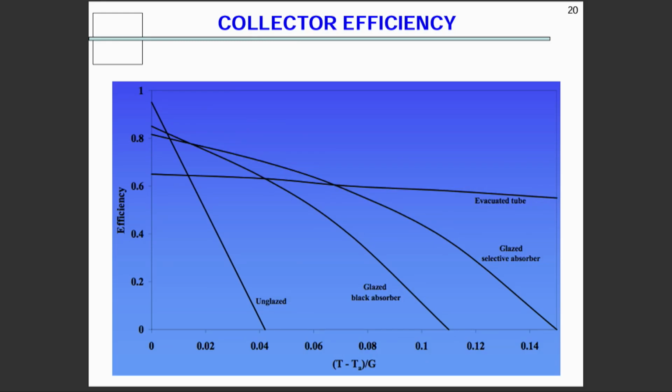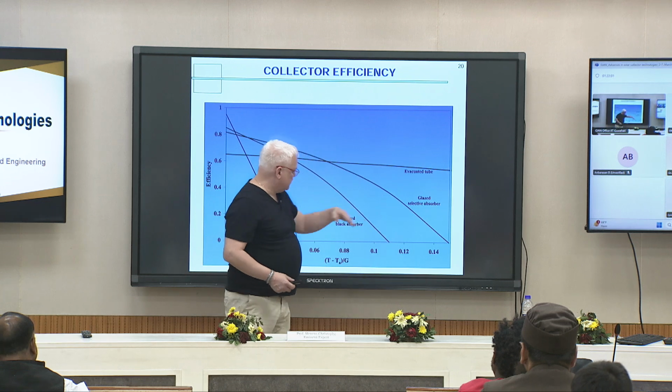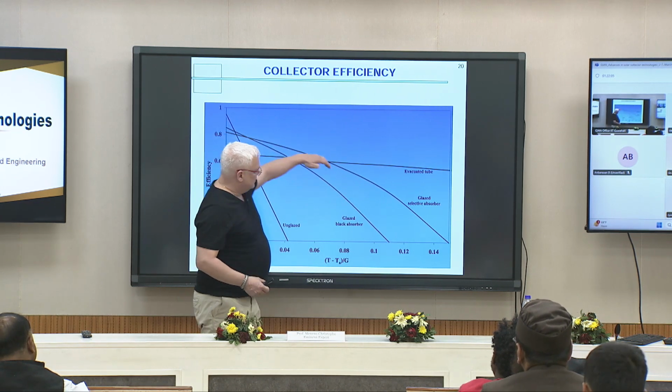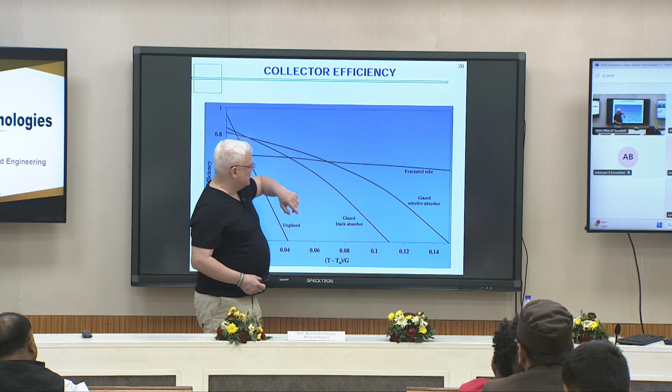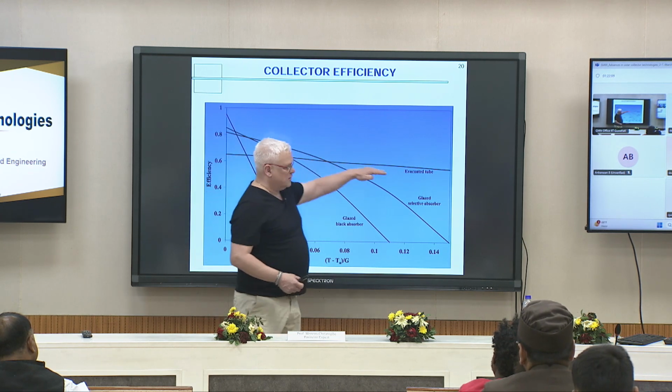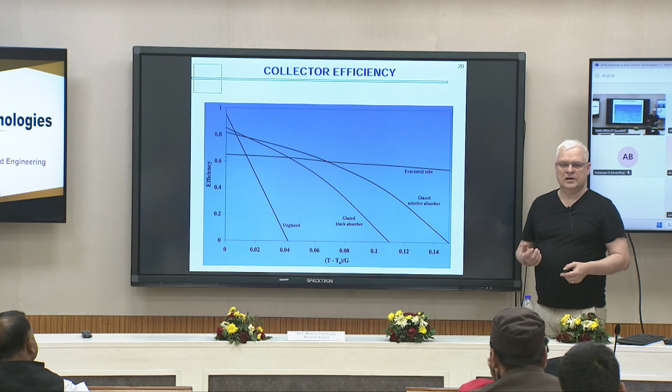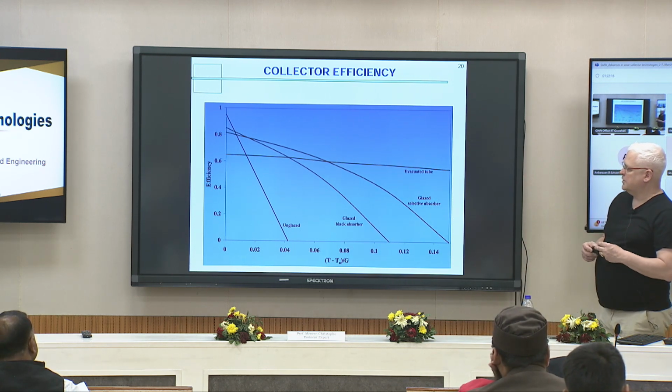Then here you have glazed black absorber. You see it's not really linear. Very often we draw it linear, but it's a bit curved. Here it's glazed with selective absorber, and here it is evacuated tube. So these are the main characteristics of the different technologies.